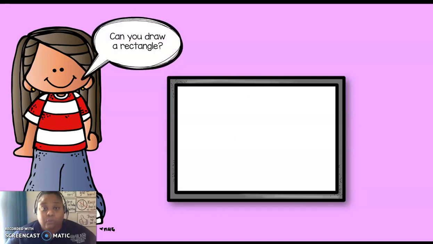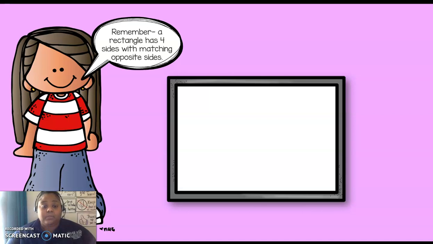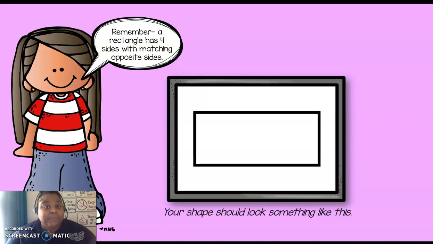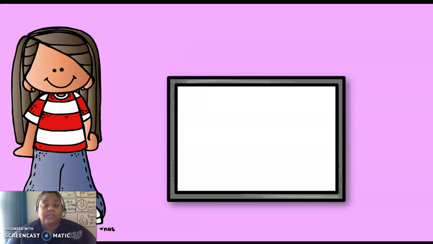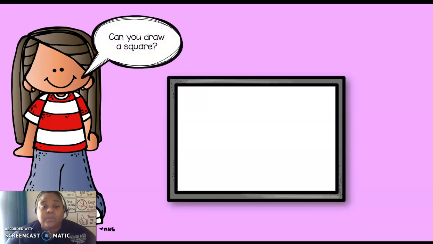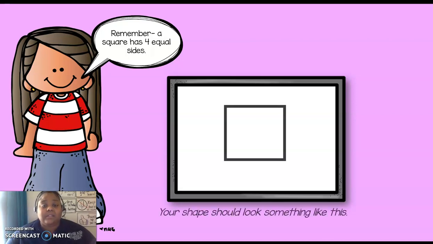Can you draw a rectangle? Remember, a rectangle has 4 sides with matching opposite sides. Your shape should look something like this. Can you draw a square? Remember, a square has 4 equal sides. Your shape should look something like this.